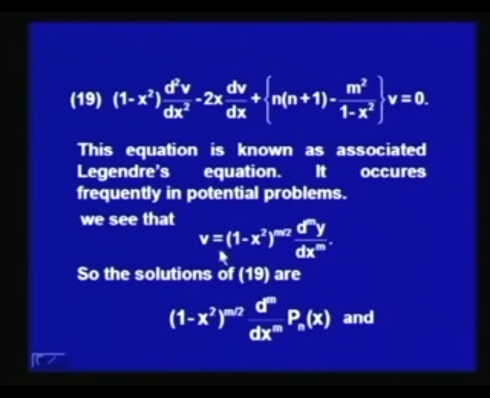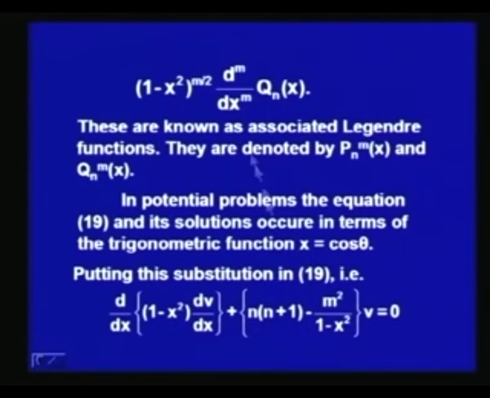And now, we see that v is equal to (1 minus x square) raised to the power m/2 into u, and u is d^m/dx^m. So, v is equal to (1 minus x square) to the power m/2 d^m/dx^m, and therefore, the solutions of the equation 19 are (1 minus x square) to the power m/2 d^m/dx^m P_n(x) and (1 minus x square) to the power m/2 d^m/dx^m Q_n(x).